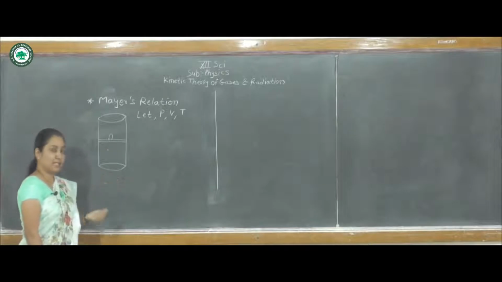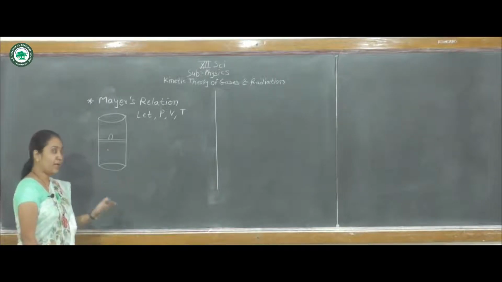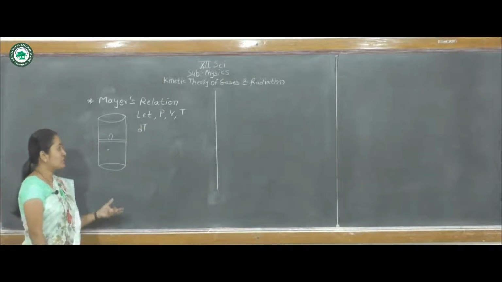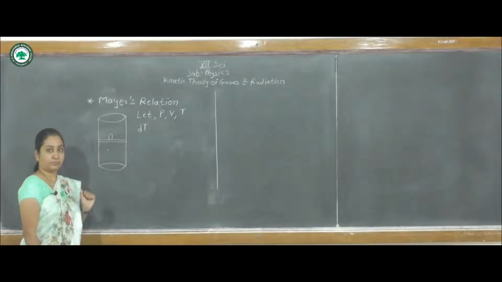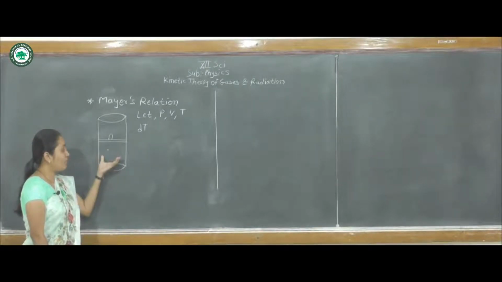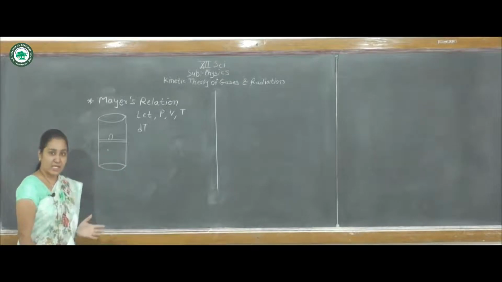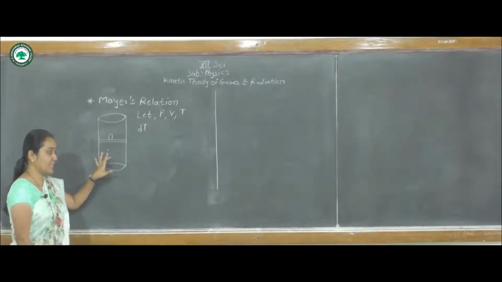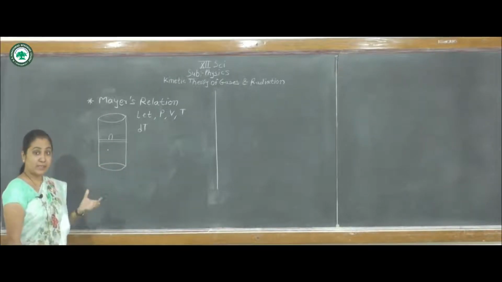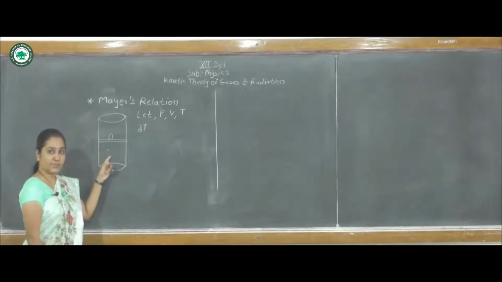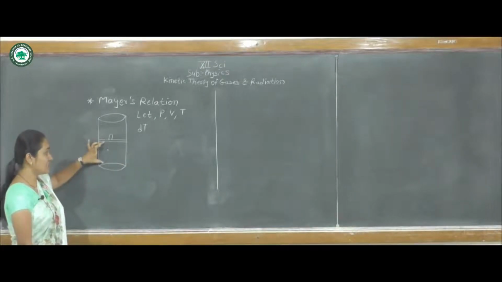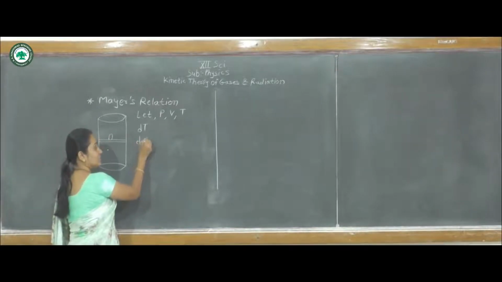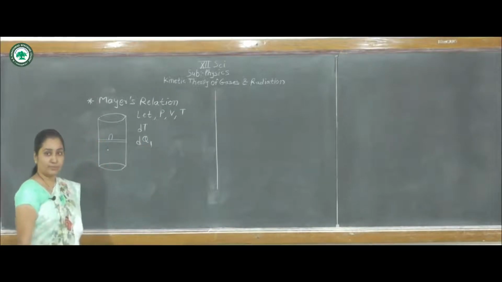Now if the gas is heated, the temperature rises by an amount dT at constant volume. The volume of this gas does not change, so the amount of heat supplied to this gas is used to increase the internal energy of the gas, because the volume is constant. The amount of heat is denoted as dQ1.